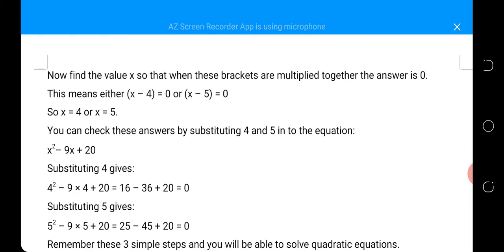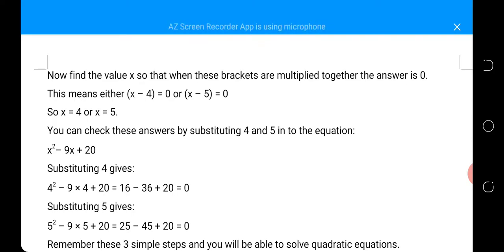Now that we have factorized the quadratic equation, the next step is to equate each of the expressions in brackets to 0 to give us x minus 4 is equal to 0 or x minus 5 is equal to 0. After we've done this, the next step is to solve each of the equations we have.